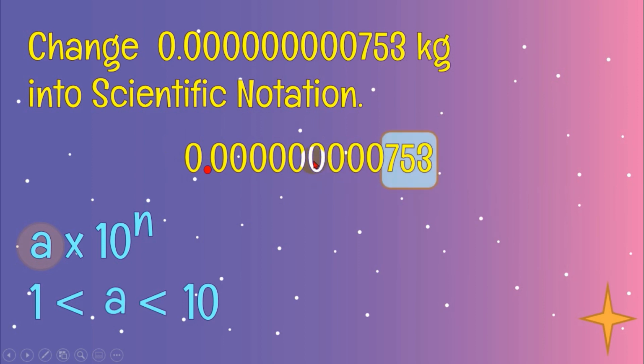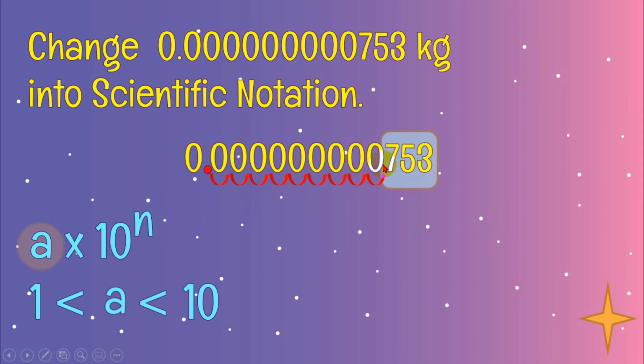Then for step number 3, move the decimal point going to your significant figure. So let's move, and at the same time, take note of how many times you move the decimal point. So let's count. This is already 1, 2, 3, 4, 5, 6, 7, 8, 9. Do we stop now?